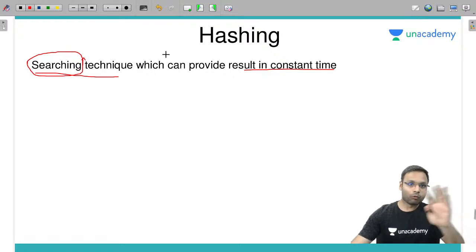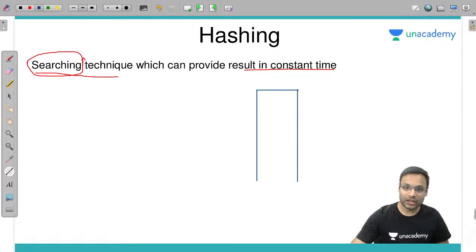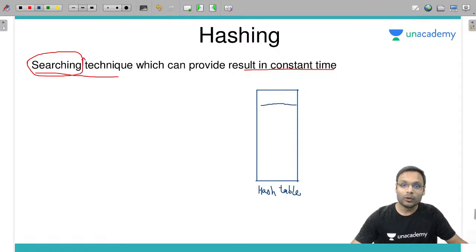For that, what we will have to understand is, there is a hash table. That particular hash table is storage for the contents, for the values which you want to store. So this is the hash table. Over there we will store the content. In this hash table we will be having some locations.